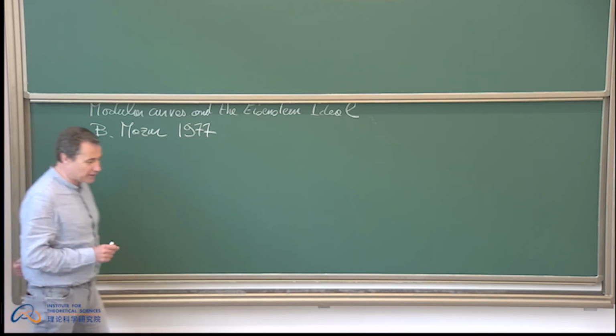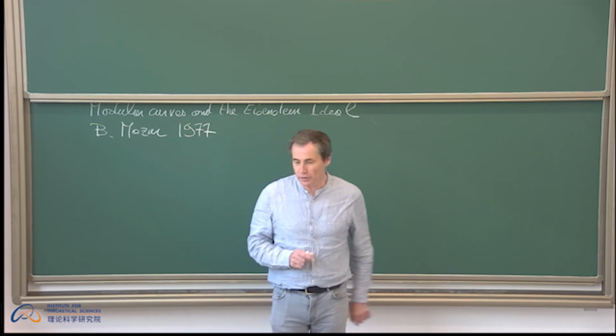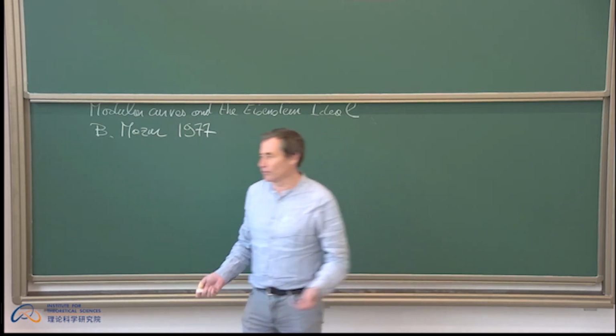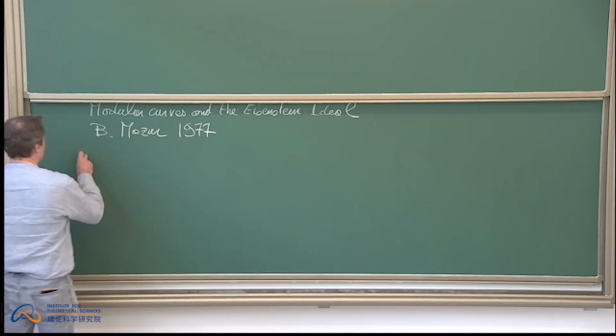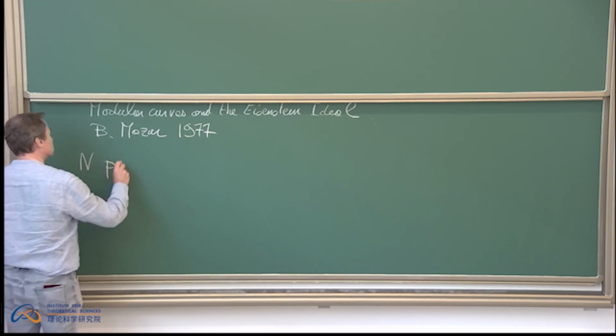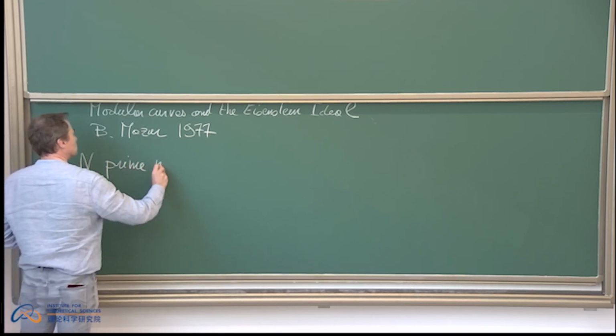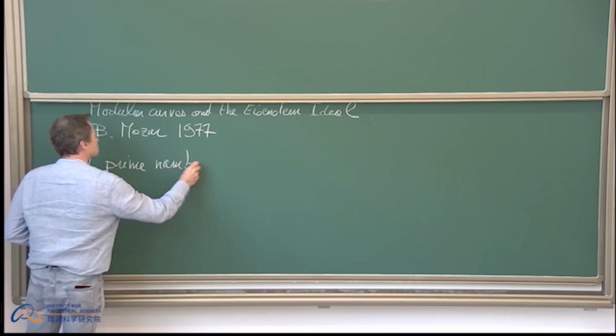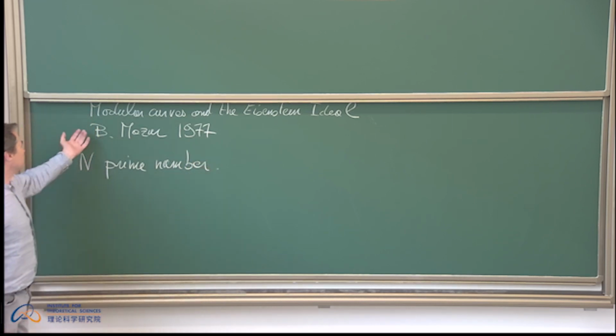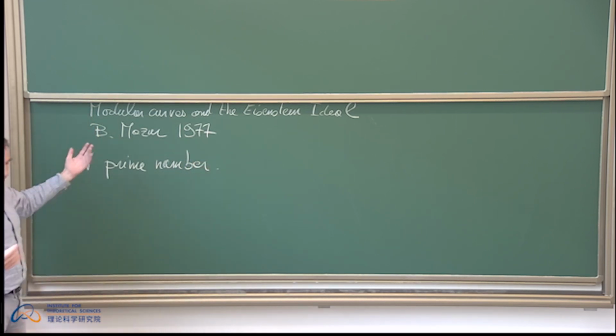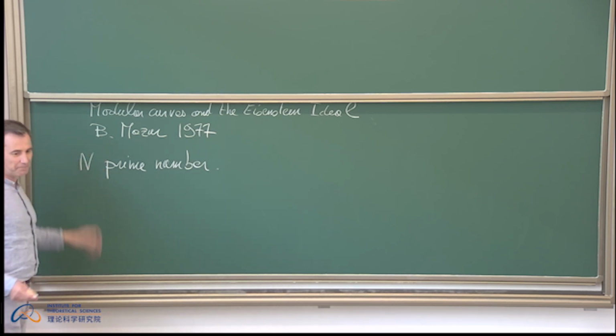So the point is that the question was formulated just out of general principles. So you take n a prime number, and Mazur defines, as I said, out of general principle, a number modulo n.